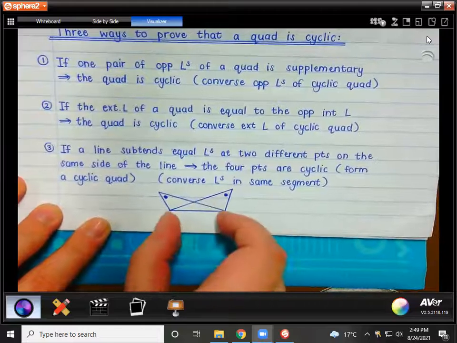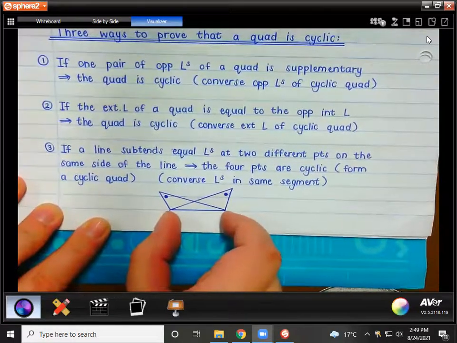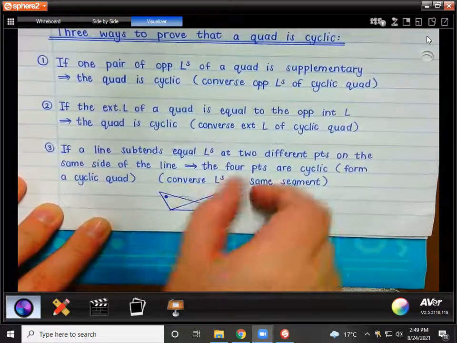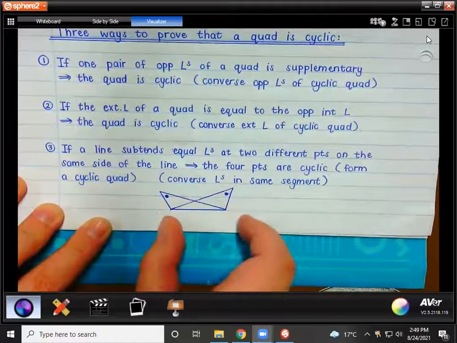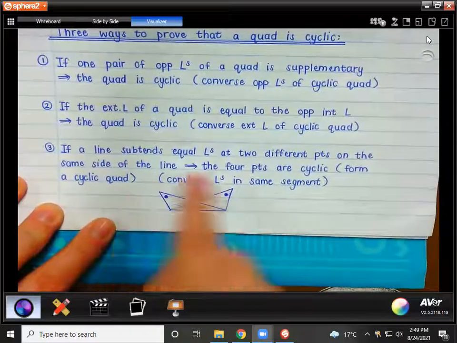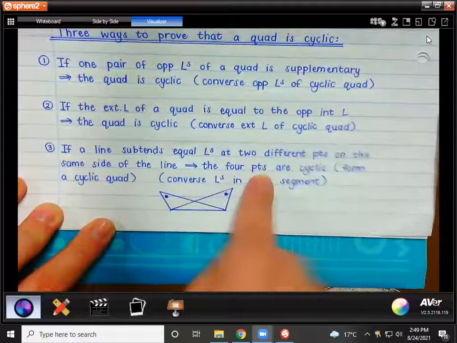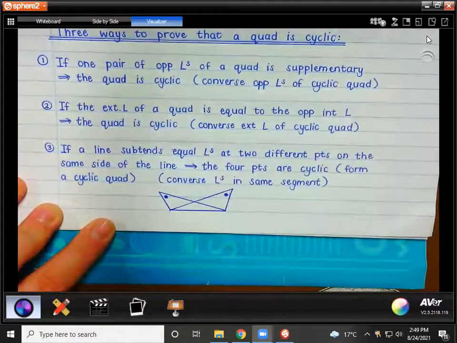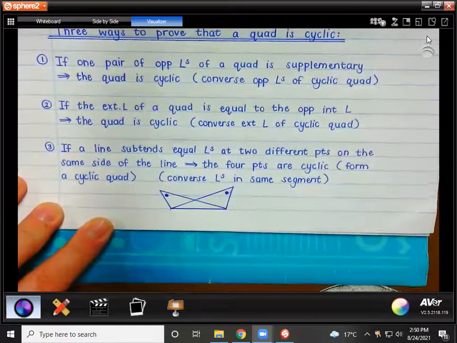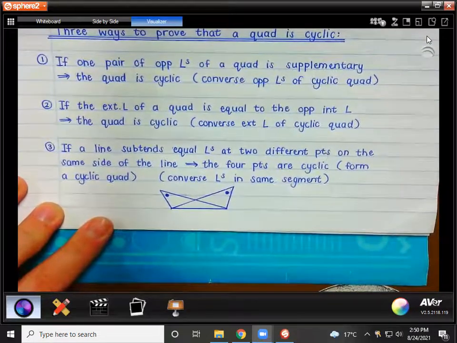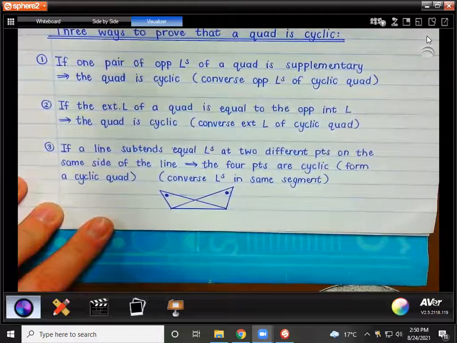The only way for one line to subtend equal angles at two different points is if it's a chord subtending angles at the circumference of a circle. That's what angles in same segment says. A chord subtends equal angles at the circumference, or if a chord subtends multiple angles at the circumference of a circle, those angles will be equal.